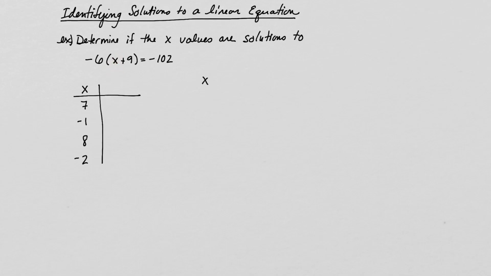So if x is equal to 7, I take this equation, -6 times (x plus 9) equals -102, and where I see an x, instead I'm going to put a 7. So this should be -6 times (7 plus 9), and I want to know, does that come out to be equal to -102?